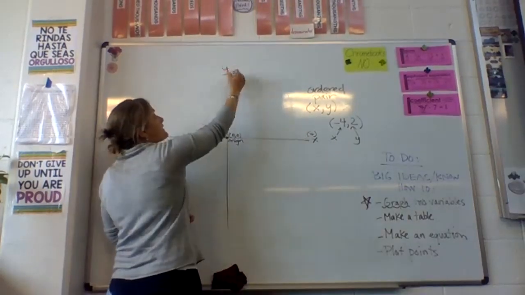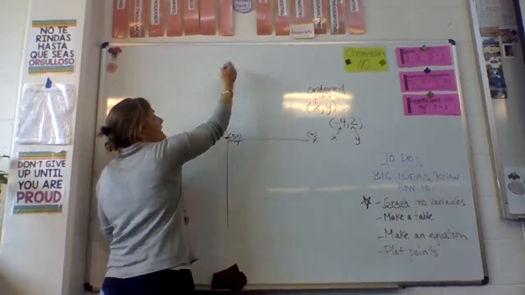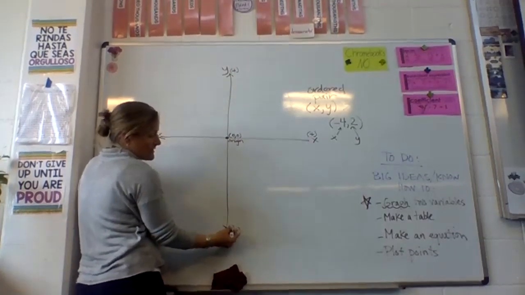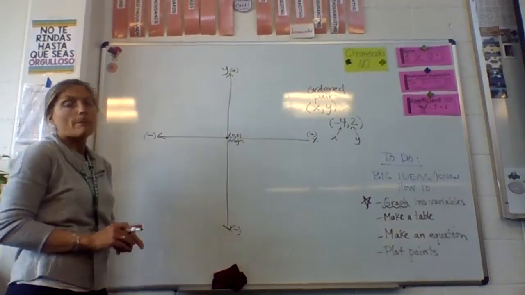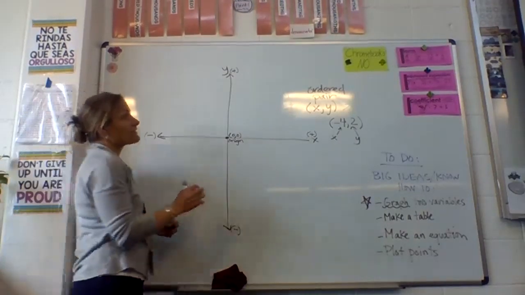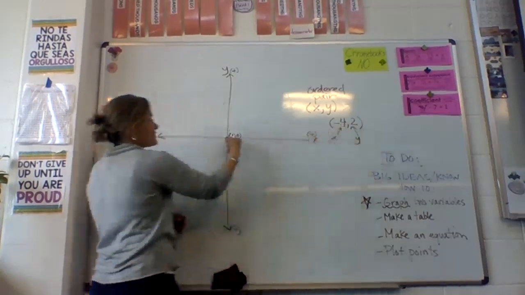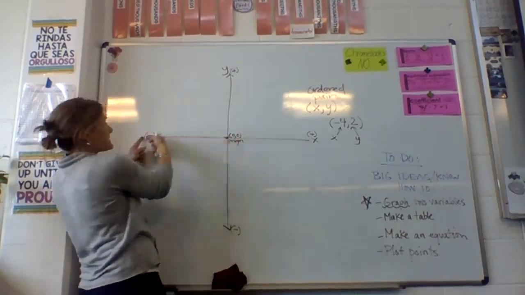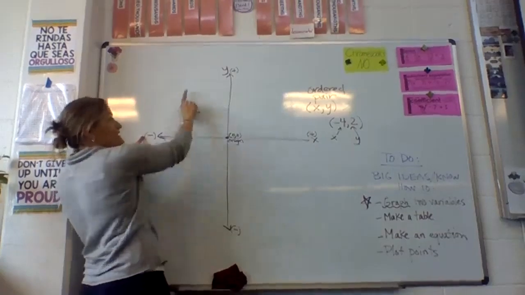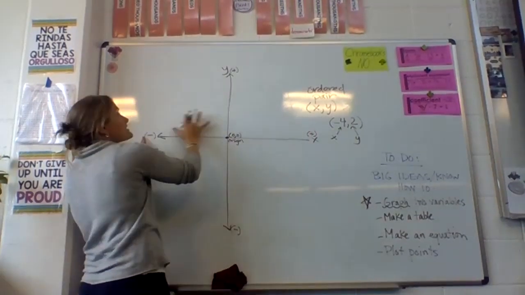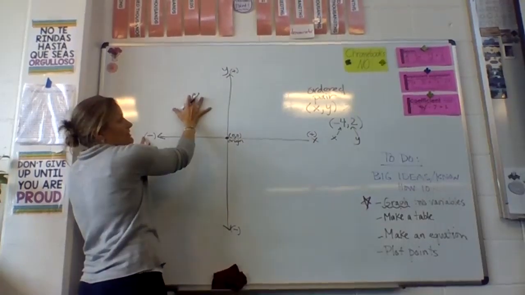Going up this way is positive for y, and going down from the origin is the negative direction for y. So when we have negative x and positive y, you're going to be in the negative x direction and then positive y. So this ordered pair right here is going to be somewhere in this quadrant.